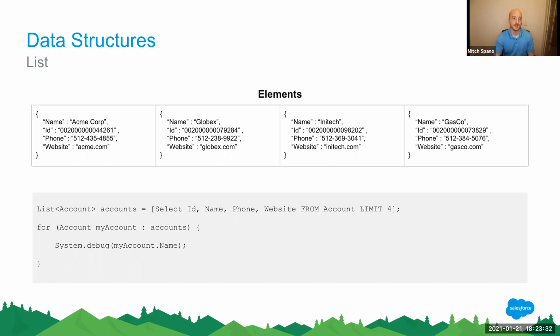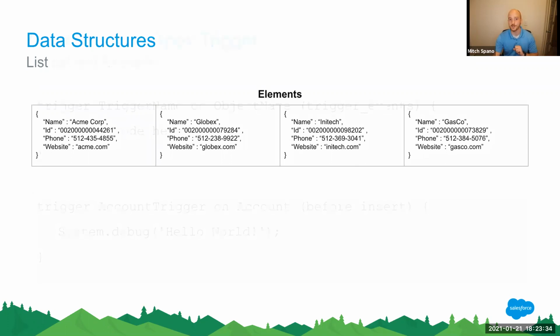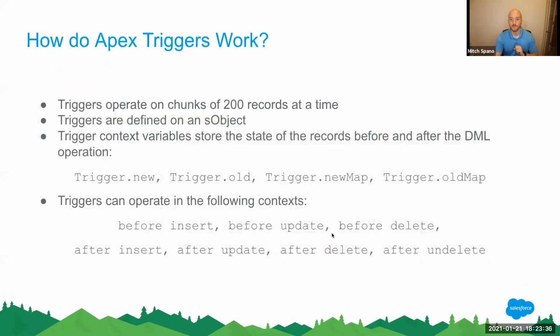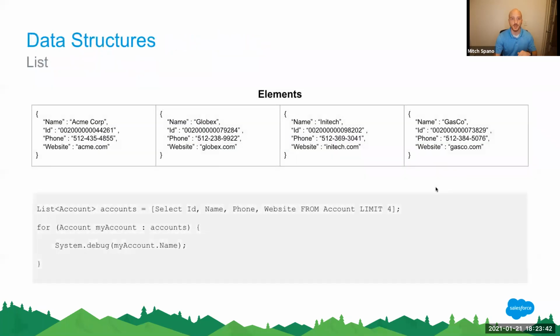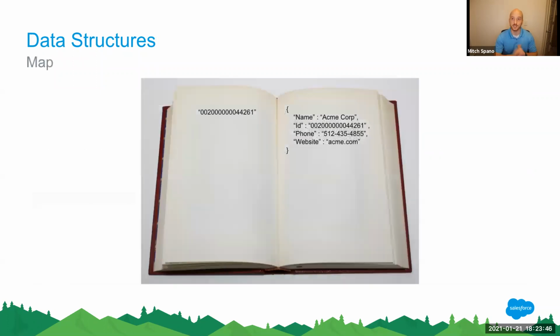Nothing too complex. The next ones, if we look back at our variables, are newMap and oldMap. Lists are fairly straightforward data structures, and maps are a little bit more complicated. I like to think of a map as a dictionary. In the dictionary, I can look up the word hello and it gives me a definition.